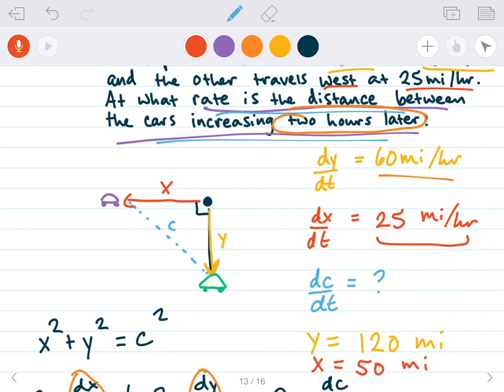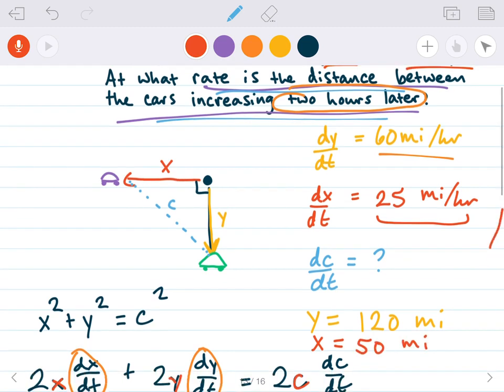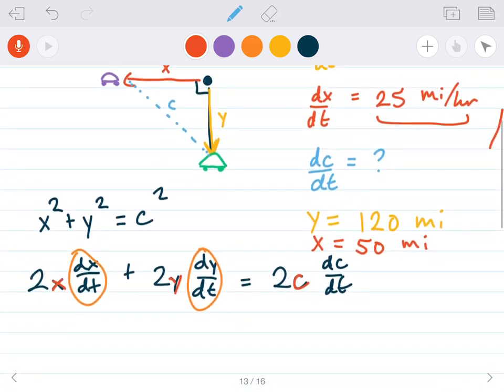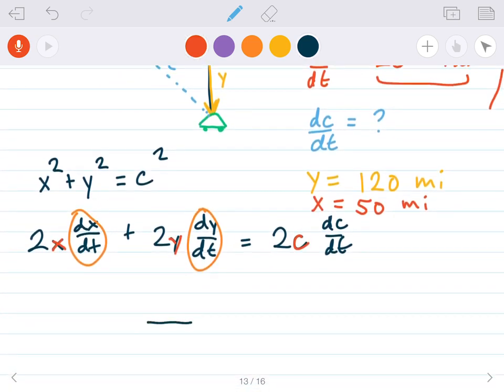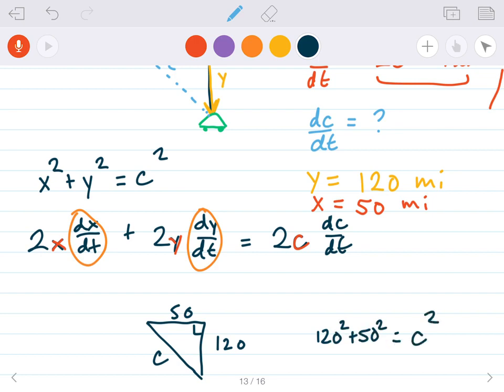Great. Now c, if we want to find c, we just use the Pythagorean theorem, right? Because here's our triangle. We know that this is 120. We know that this is 50. We know that this is c. And so 120 squared plus 50 squared has to equal c squared.